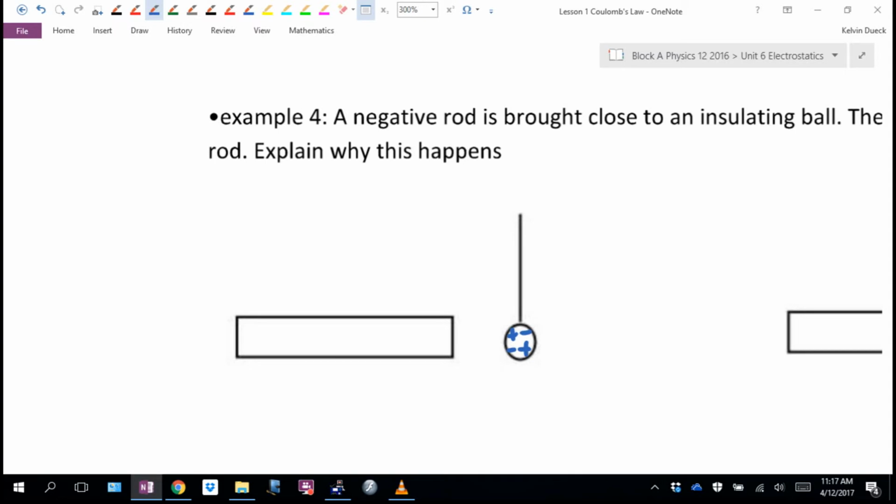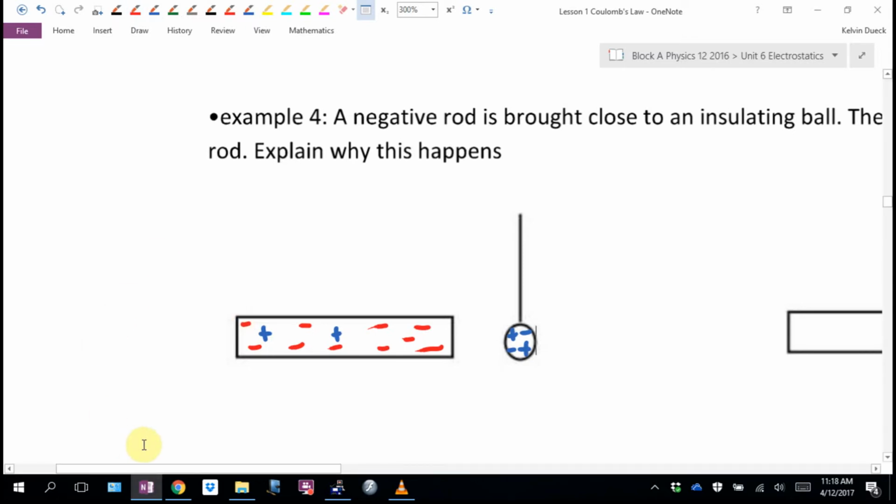Now the rod is negative. It's got a couple of pluses, but overall, it's got more negatives than positives. When something is charged negative, it doesn't mean there's no positives. It just means there is extra negatives compared to the positives. Like, unlike.